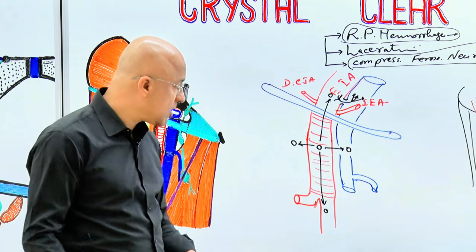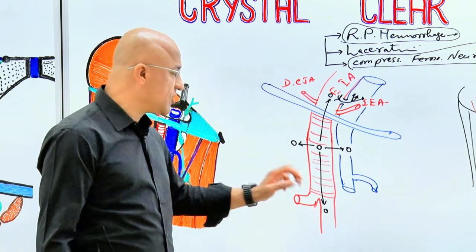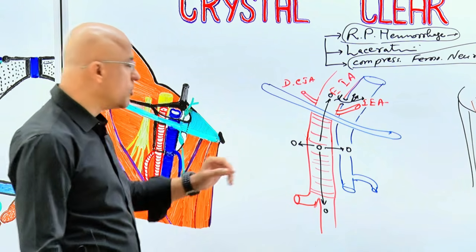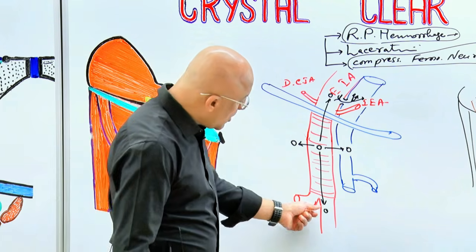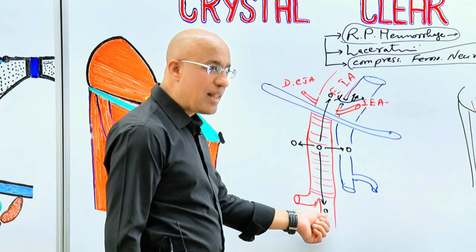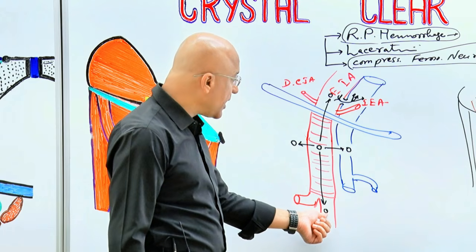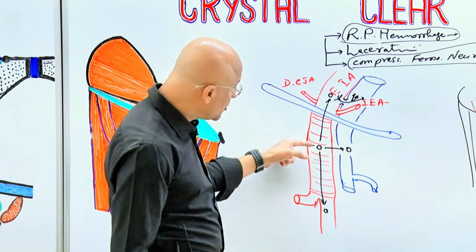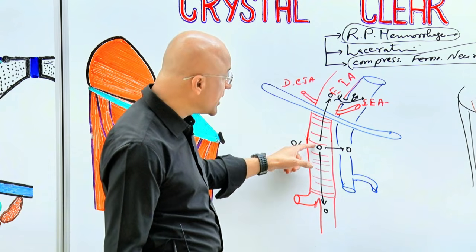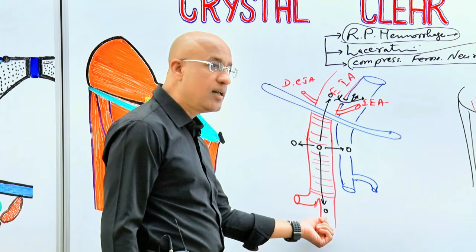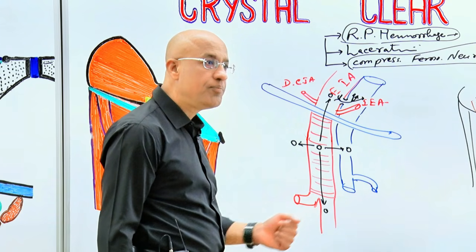Is that clear? So what complications can occur over here? Number one, if it is too low, when you pull the needle, it is a small vessel, and as compared to this area, this hole and this hole, both might be the same size, but because it is in a smaller vessel but high pressure, there are more chances it will bleed.